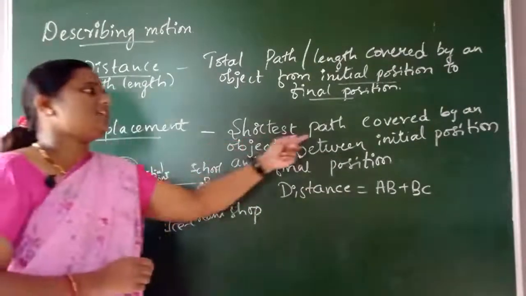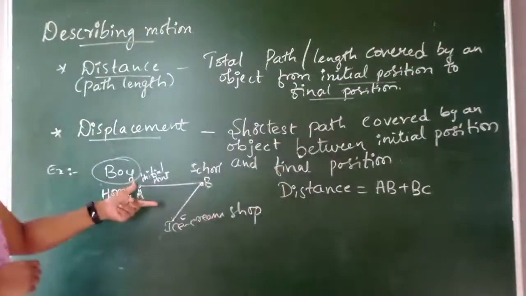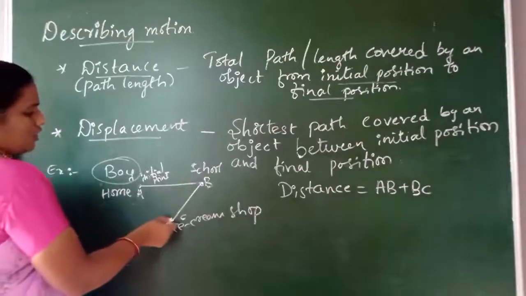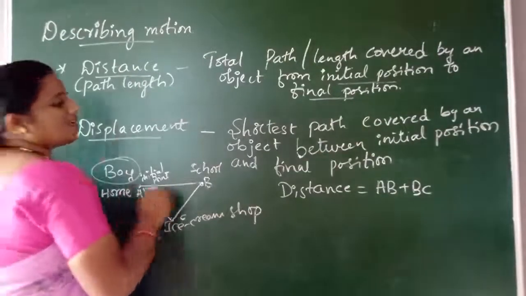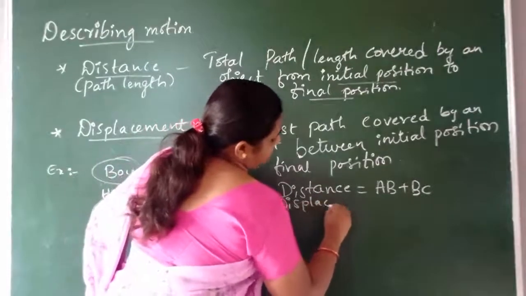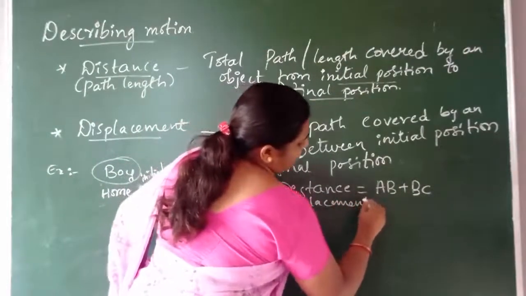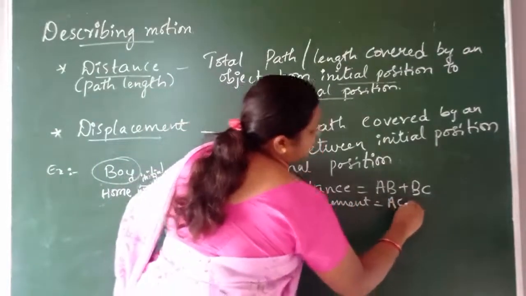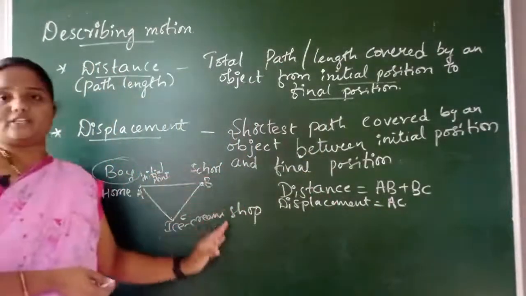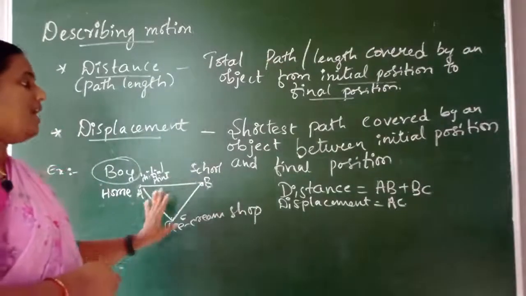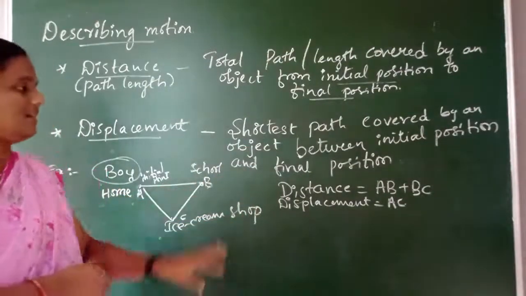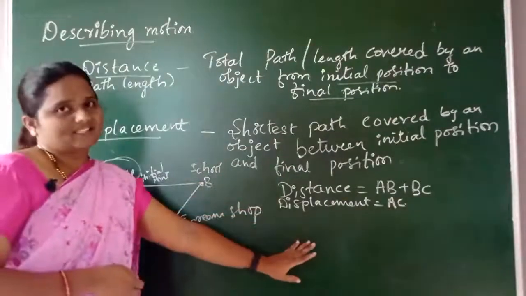It is nothing but a shortest path. Means from home to ice cream shop, the path is the shortest, isn't it? So this is the shortest path. Now the displacement is AC, the shortest path, irrespective of how he is going and reaching the destination. But here we need to consider the shortest path, that is called as a displacement.